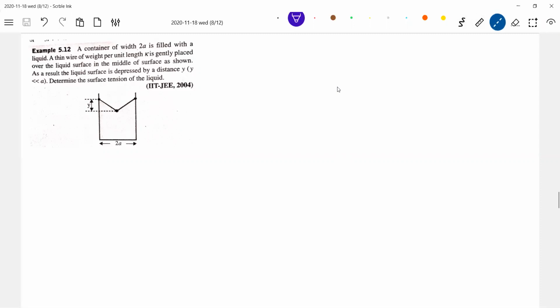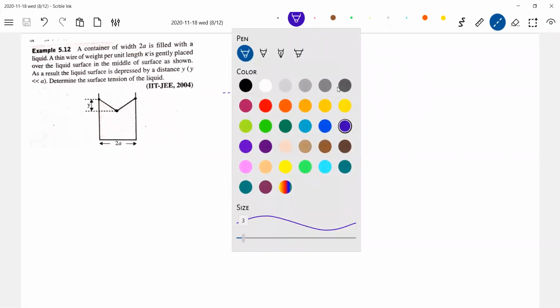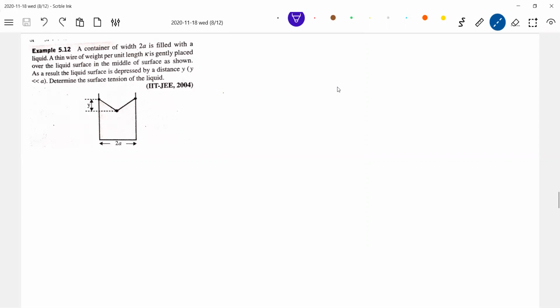So initially, there's a liquid surface. When you place it, the liquid surface will get depressed like this. Why will it get depressed? And how much depression?